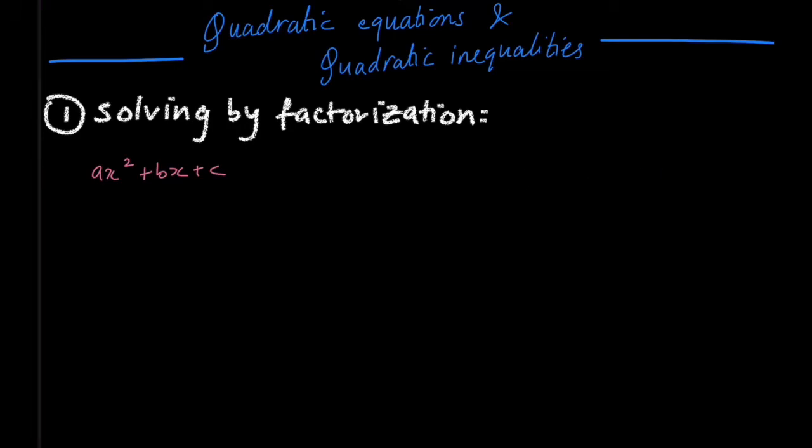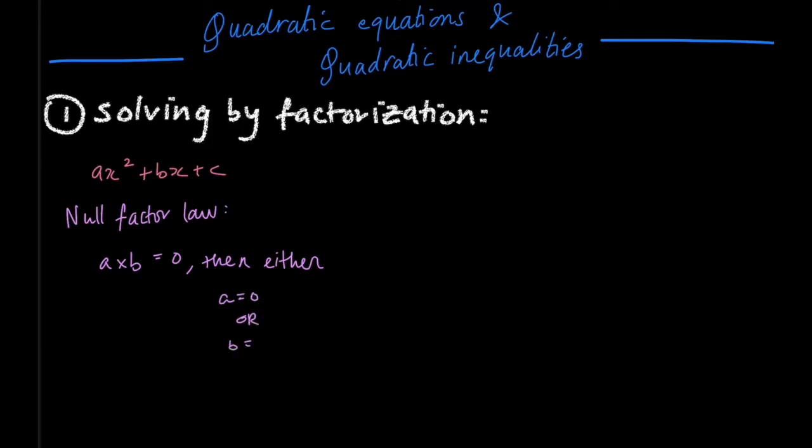The first thing that's important for us to know is called the null factor law. What this basically means is that if a times b is equal to 0, then either a is equal to 0 or b is equal to 0, or both a and b are equal to 0.